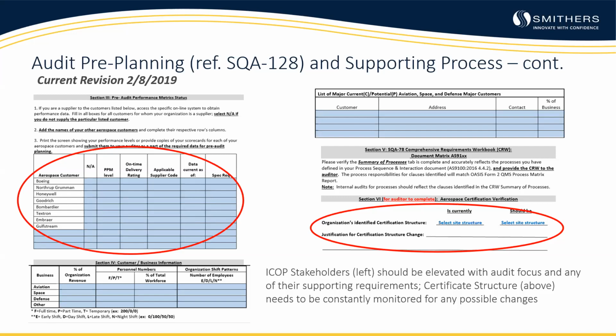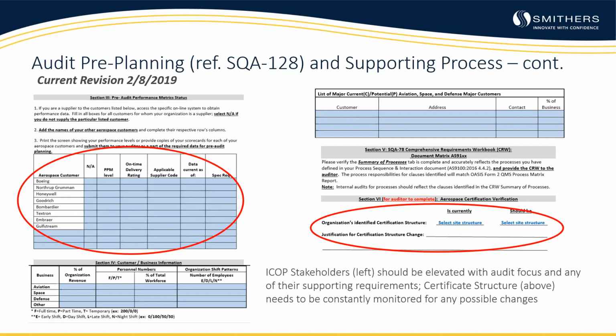And then the next item is certificate structure. Most of our clients are single site organizations, but for those that are not single site, so those would be at this time several site, multiple site, or campus, we need to understand that we are continually verifying that certificate structure is correct, because there are times where, for instance, a campus can fall out of a campus and more appropriately be identified as a several site.